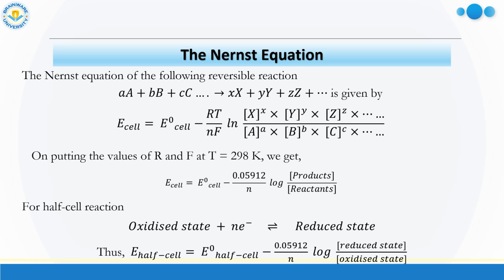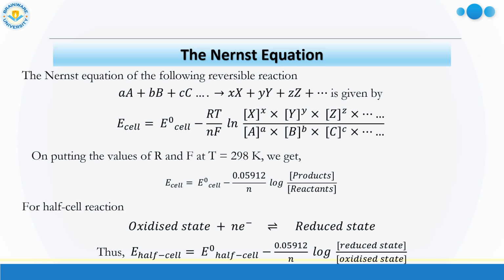So the Nernst equation says that the cell potential of this reversible reaction, E cell, will be E0 cell, that is the standard cell potential of the cell, minus RT by nF ln of the concentration of the products divided by the concentration of the reactants. This is popularly known as the reaction quotient.